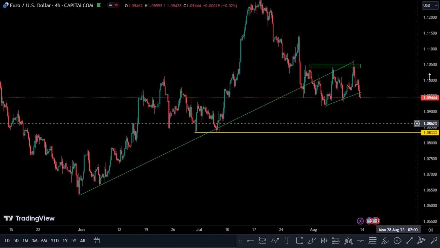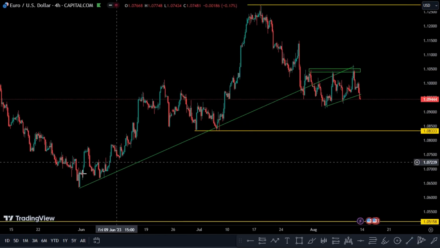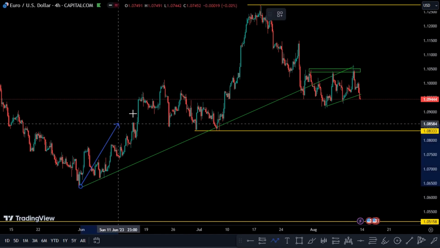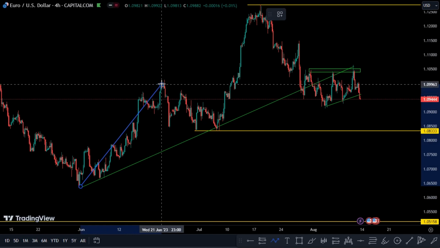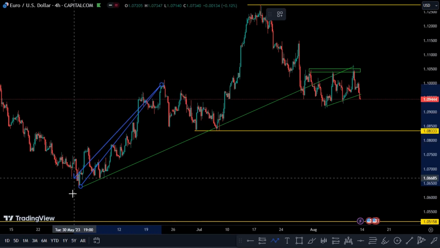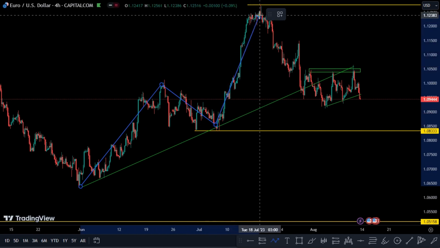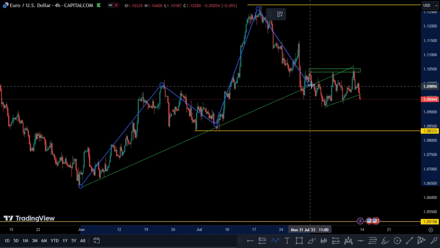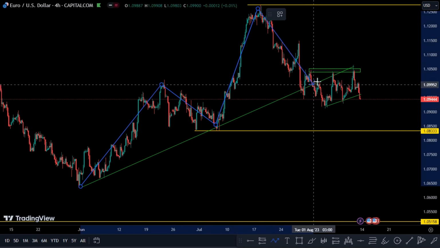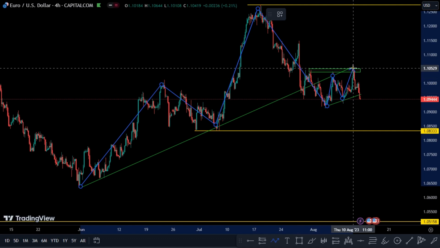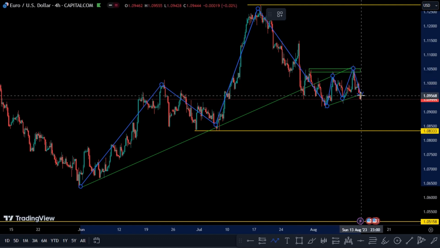If we draw that trend line so that it can guide us, as you can see that here, this trend line has been carrying this bullish market, a huge push to the upside, consolidation, so impulse, correction, then impulse, and then correction, but then we broke the support structure. After breaking this structure, we came back to retest it, and after retesting it, we started creating a consolidation, which is a form of a continuation pattern as well.